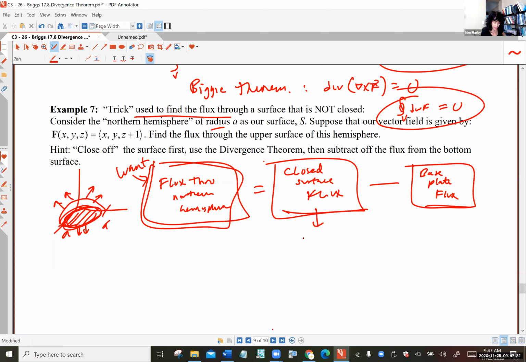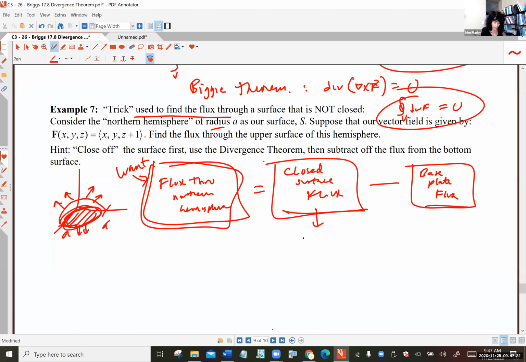So you're going to take the northern hemisphere and give it a base, and now it's a closed surface. So what are you going to do? You're going to say, okay, I want the divergence of F. Oh, I don't know what just happened, because I always lean on my surface and it goes somewhere else.